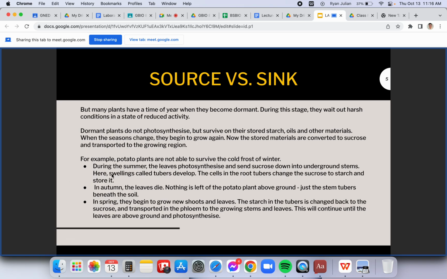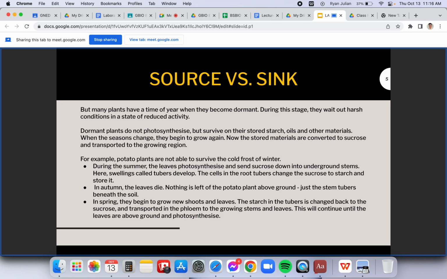During the summer, when it is at the peak of having a super high temperature, the leaves photosynthesize and send sucrose down into underground stems. And here, swellings called tubers develop. The cells in the root tubers change the sucrose to starch and store it.